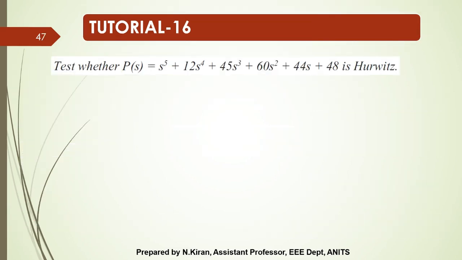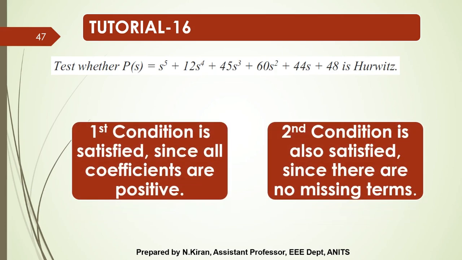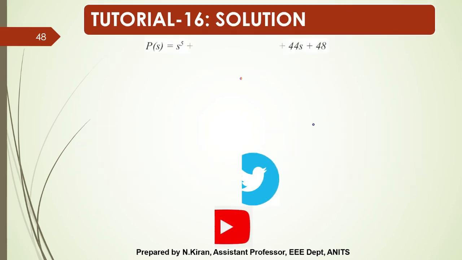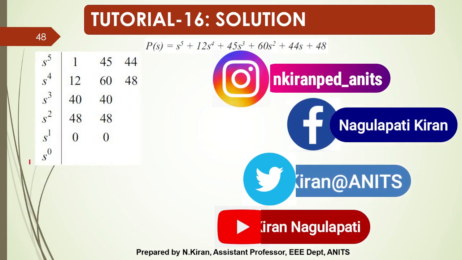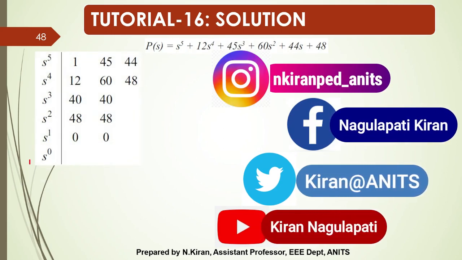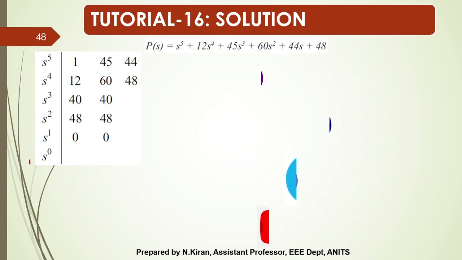The 16th tutorial, the first two conditions are anyhow satisfied. Going to the third condition. The elements in the row table have been obtained corresponding to the rows S cube and S square.